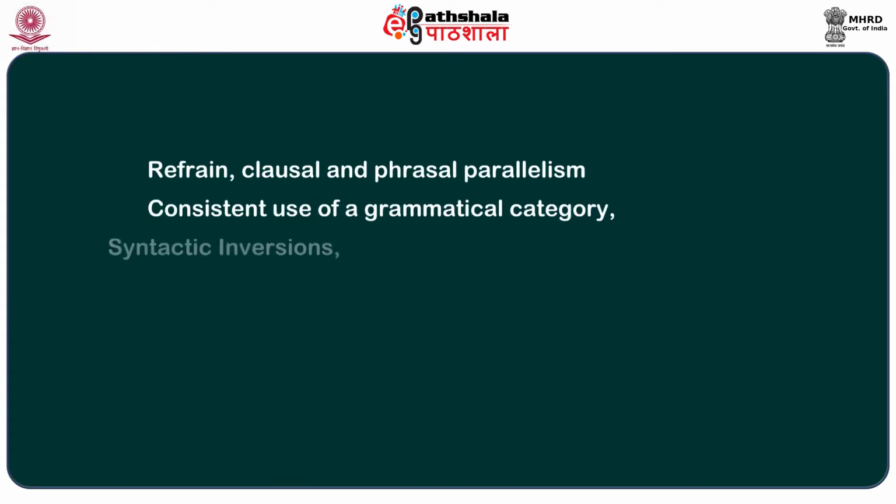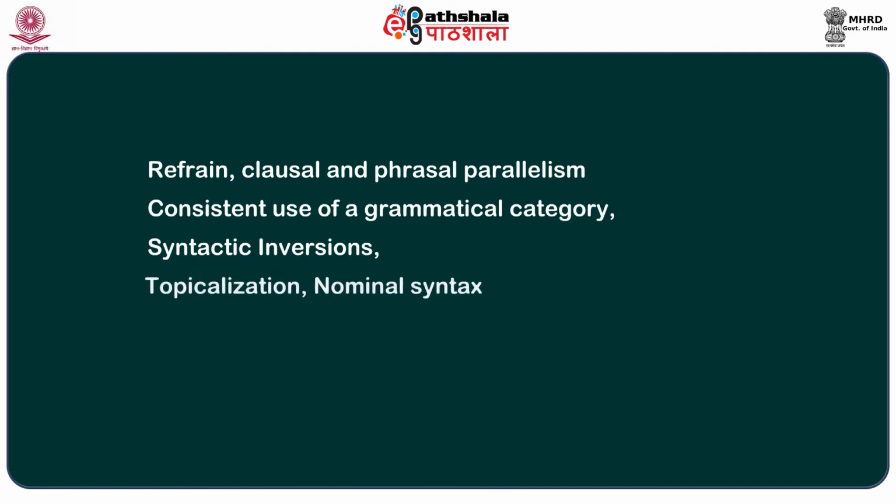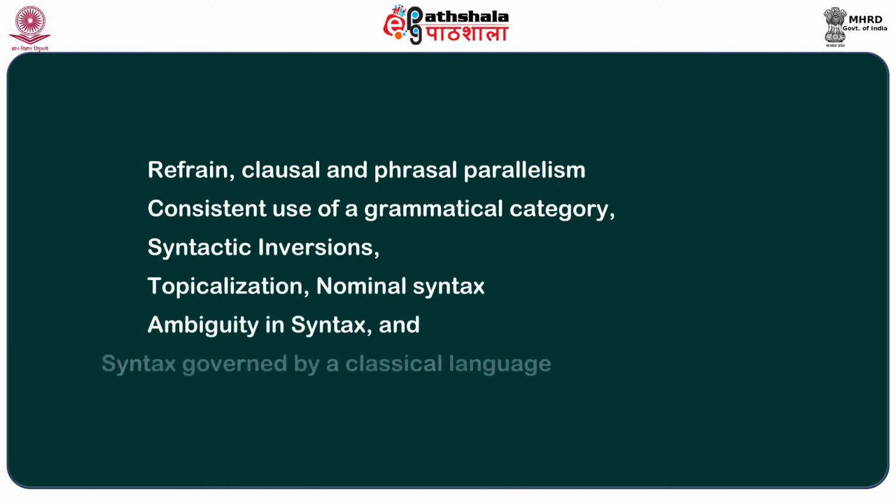Some features would be syntactic parallelisms like refrain, causal parallelism, phrasal parallelism, syntactic inversions, consistent use of grammatical categories, and there will be many deviations like topicalization, nominal syntax, ambiguity in syntax, code mixing, code switching, syntax governed by a classical language, and the use of free indirect discourse. The variety is huge as far as syntax is concerned, but we will have to limit the discussion.